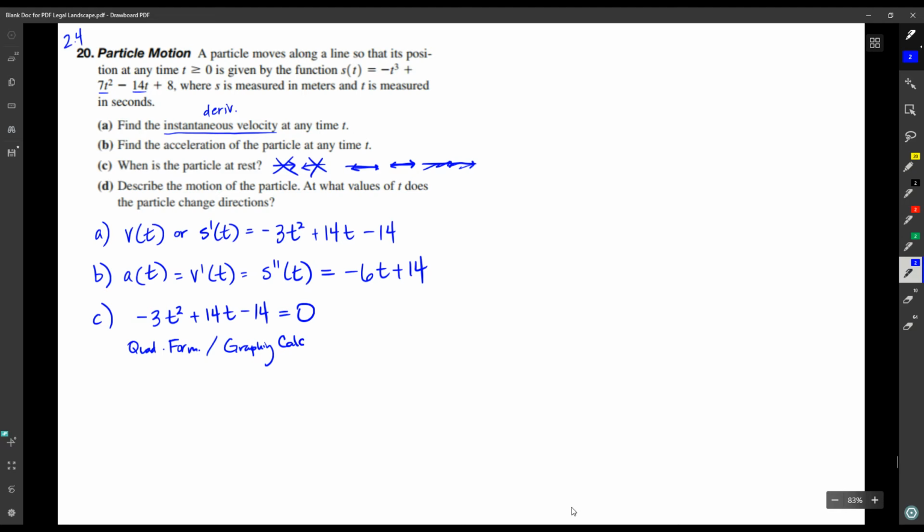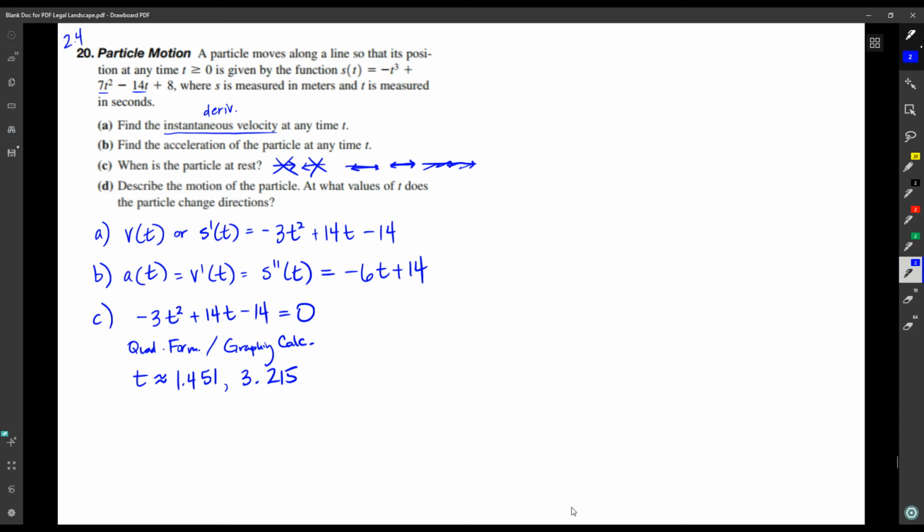I'm going to choose the graphing calculator in this condition. For the quickness of getting this video done, solving this with my graphing calculator gives me two possibilities: t is approximately equal to either 1.451 rounded to 3 decimal places or 3.215 rounded to 3 decimal places. So those are the two times in seconds when the velocity is equal to 0.